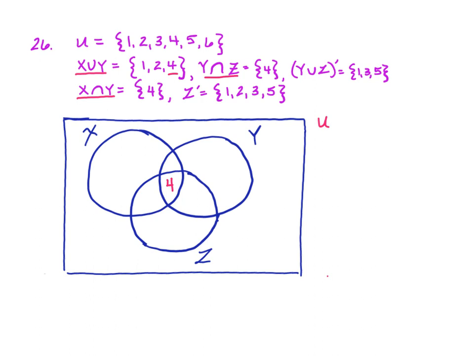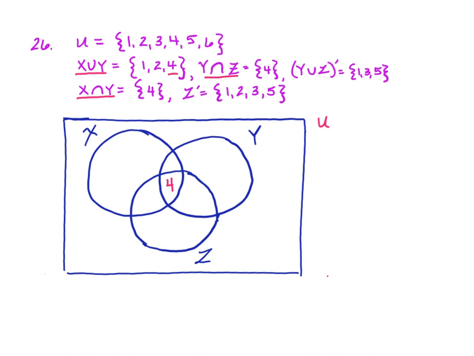Now the next thing I'm going to do is, because that first piece of information, the X or Y, is a little bit ambiguous, I'm going to go to the primes, in other words, the complement sets, and see if I can get some information out of those.